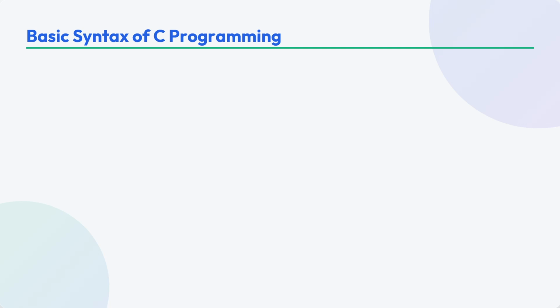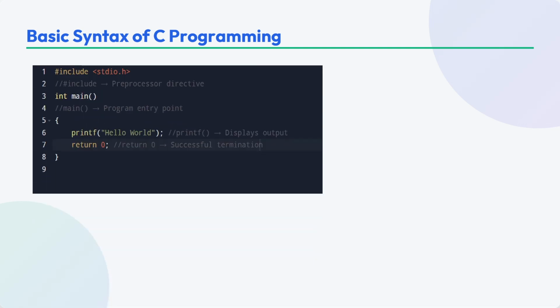Next, we will see the basic syntax of a C program, or how the C language is used in code. So this is a simple syntax which prints hello world in the output.